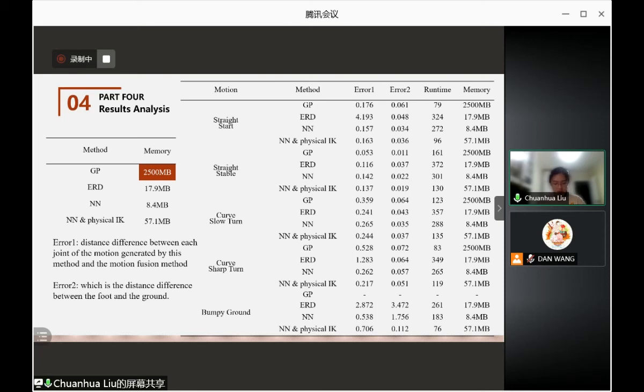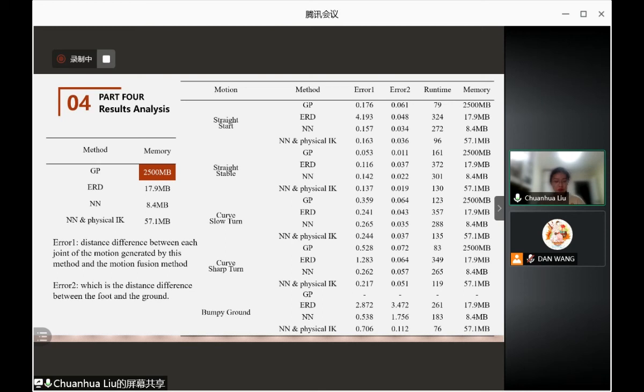We usually think that the motion fusion method's motion is the hand-made motion, and it is the correct way that all people think the motion should be. So we define error 1, and error 2 is the distance difference between the foot and the ground.